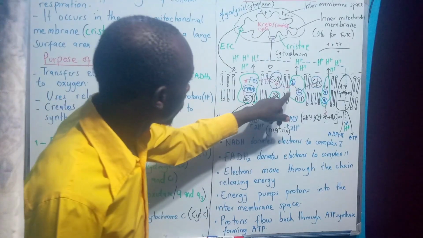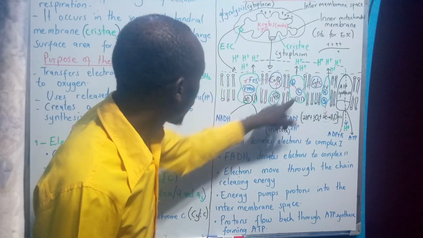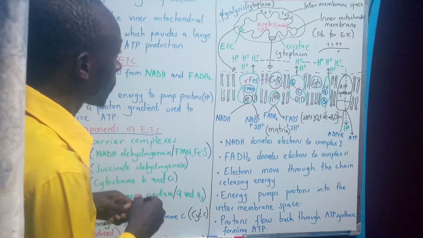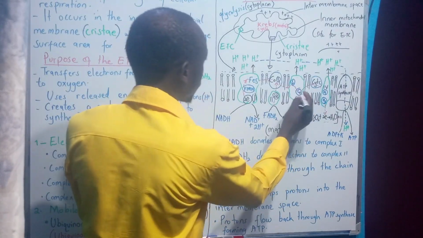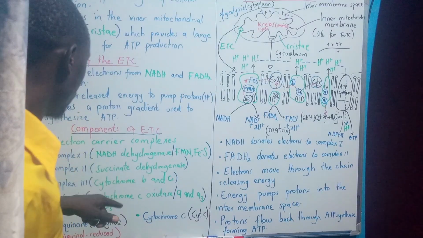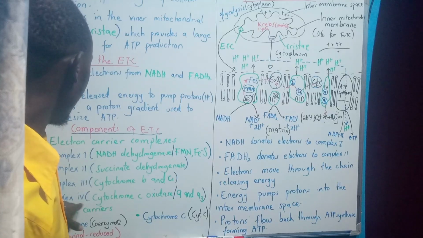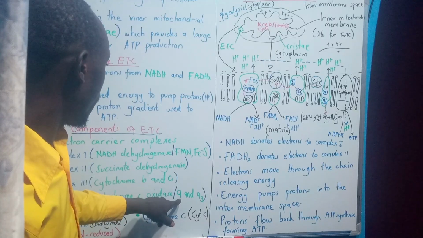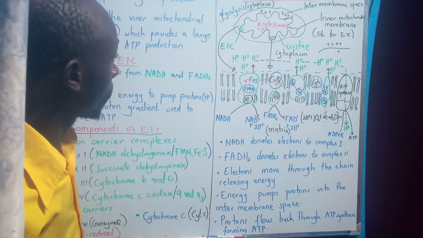So from cytochrome C, this is cytochrome C1. Can make that correction. So cytochrome C1, that is complex number 3. Complex number 4 consists of cytochrome C oxidase, which is an enzyme, and then cytochrome A, and then cytochrome A3.